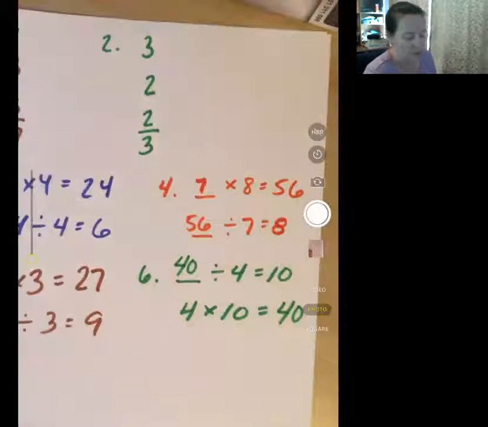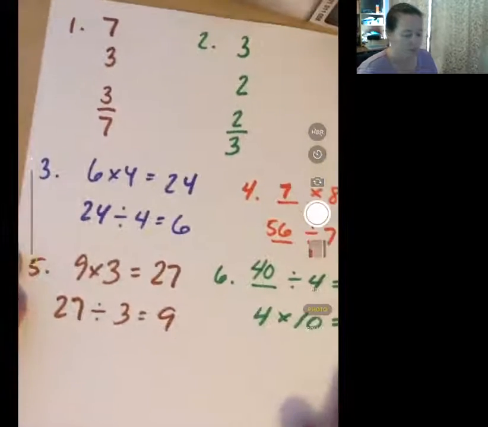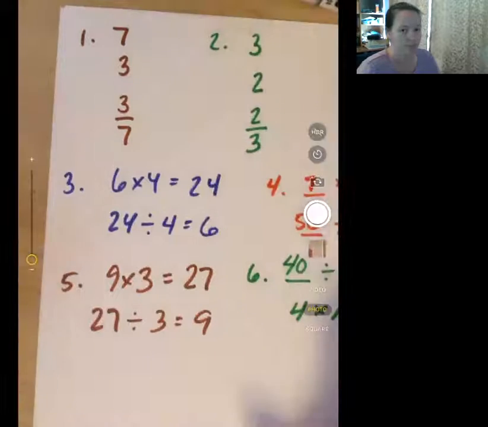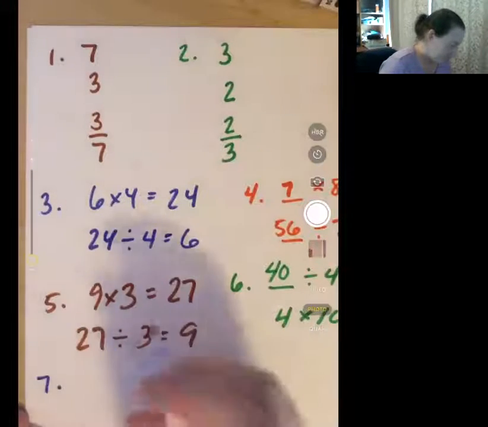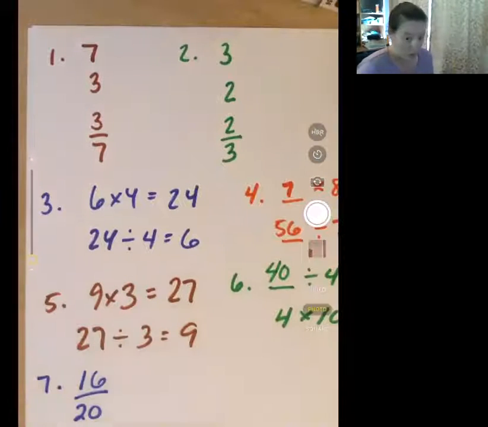Equivalent fractions. Number 7. 16 over 20. All right.